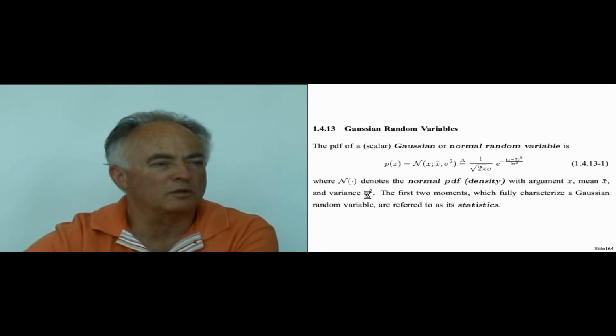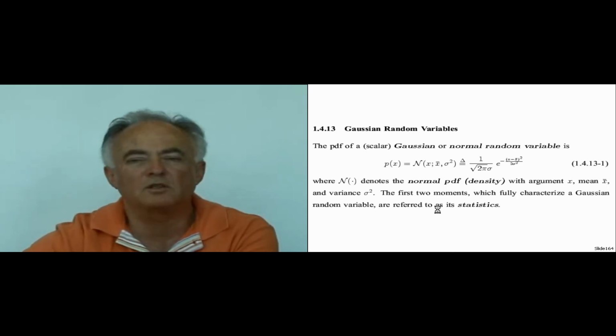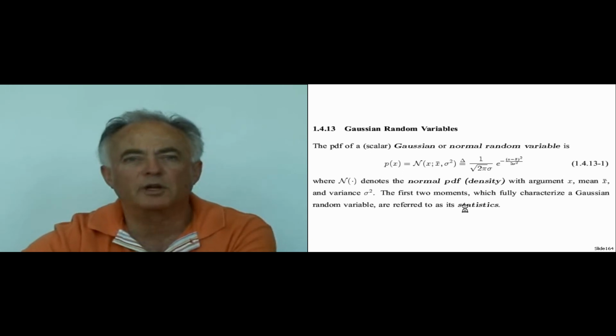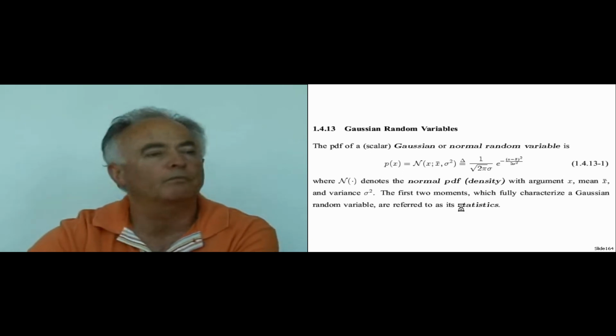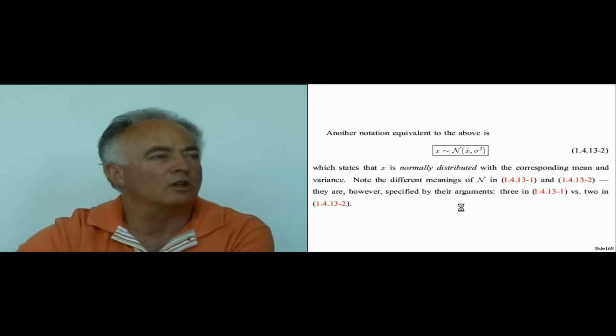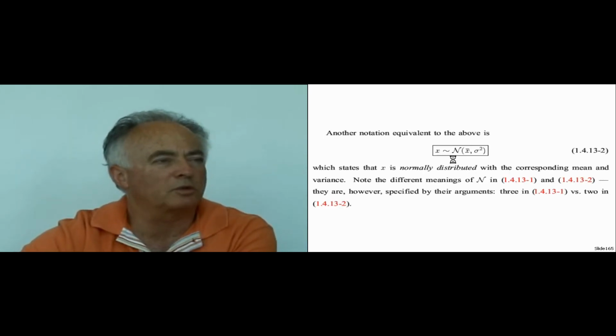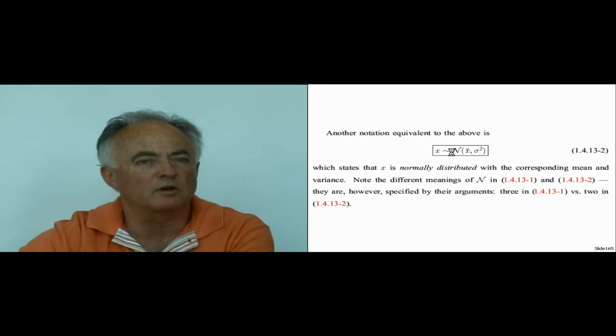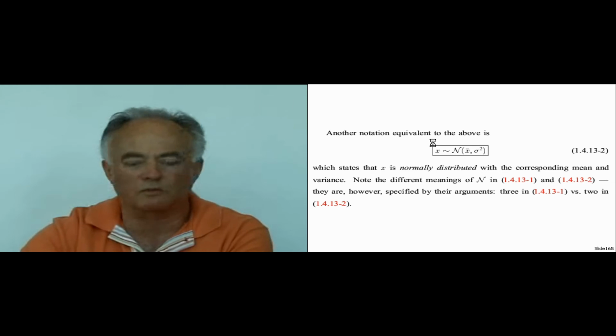The first two moments, which fully characterize a Gaussian random variable, are in many cases referred to as the statistics of the Gaussian random variable. The mean and the variance are colloquially referred to as the statistics. Another equivalent notation is x distributed normally with mean and variance. So we have these two meanings of the script N. Once with 3 arguments, it is a function; with 2 arguments, distributed as, it provides the same information except it's not a function.